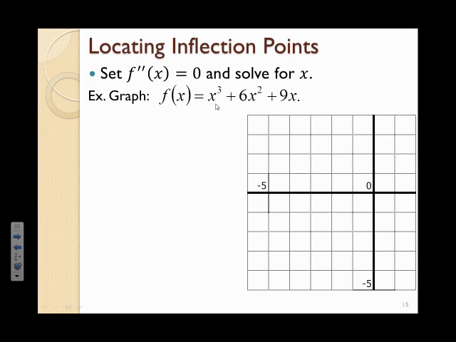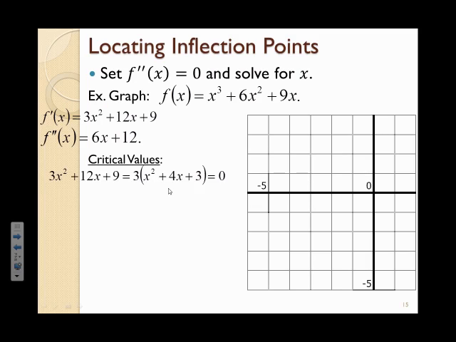So, for example, if we were going to graph this particular function, we would calculate the first derivative and the second derivative. We can first find the maximums and minimums with the first derivative.